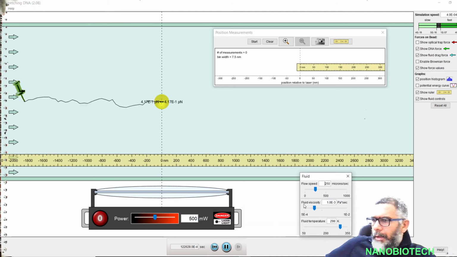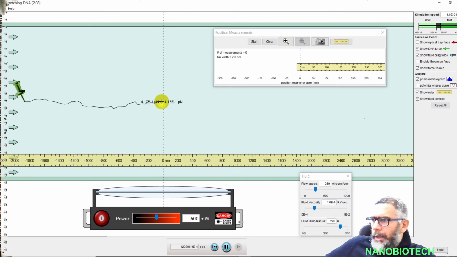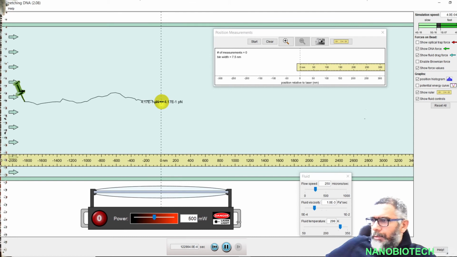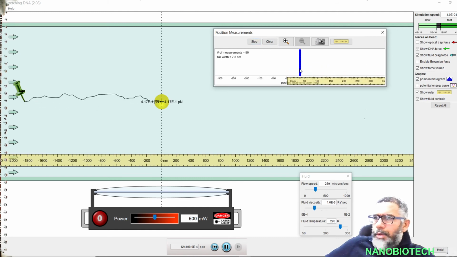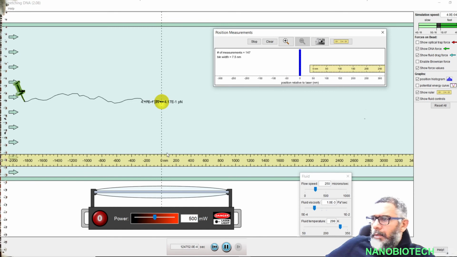Okay, you just bring it to the center of the sphere, and in order to be sure that the dashed line is crossing the center of the sphere, you run your position histogram, start it, and as soon as you see the 0, that means the dashed line is right at the center of the sphere.